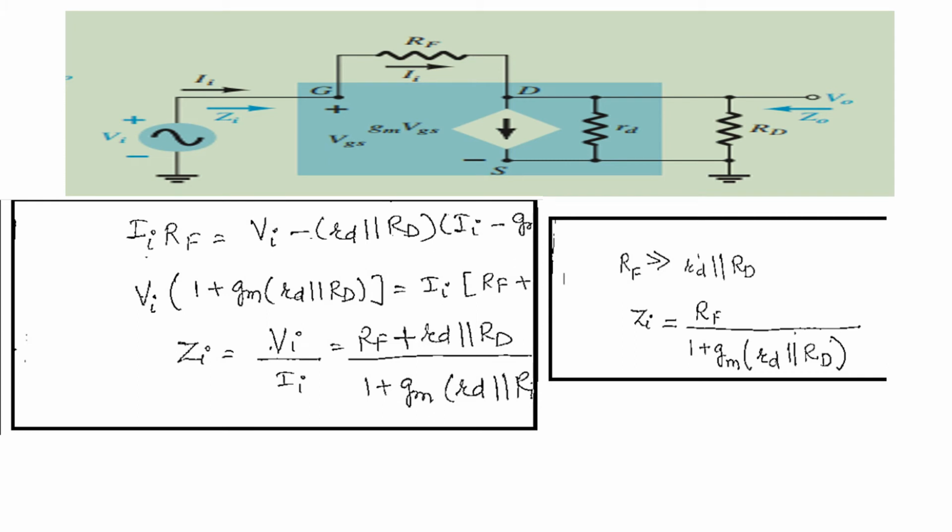Now we have to see, since RF is much greater than rd parallel RD, it simplifies our relation. So Zi is equal to RF upon 1 plus gm in bracket (rd parallel RD). So this relation we are going to frequently use when we are performing our AC analysis.